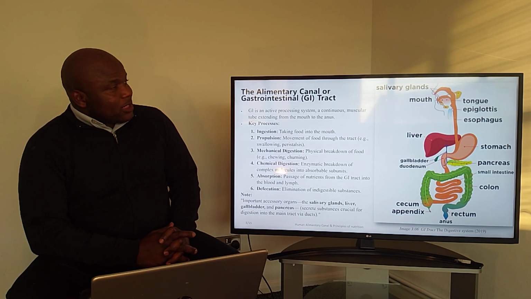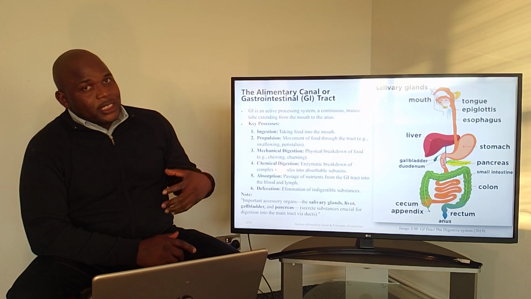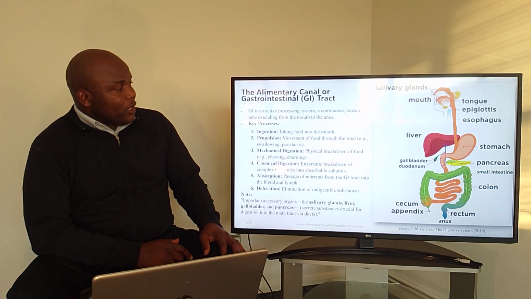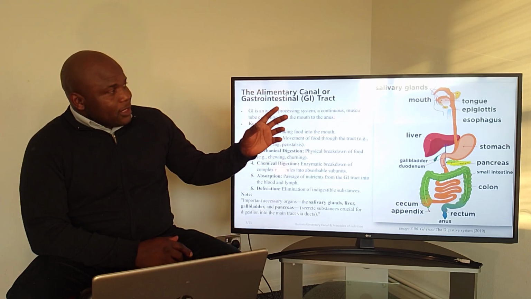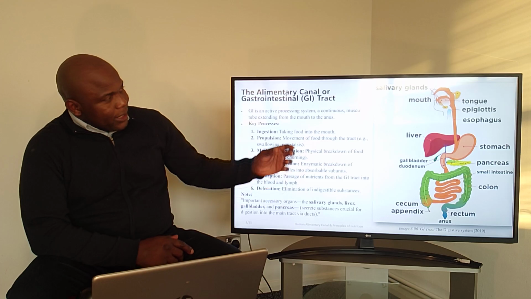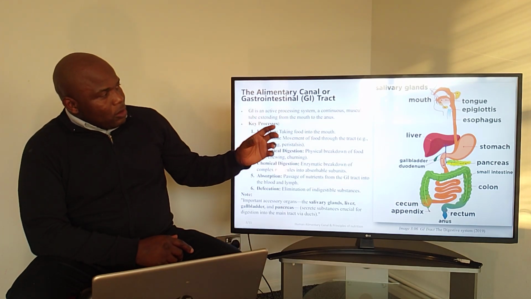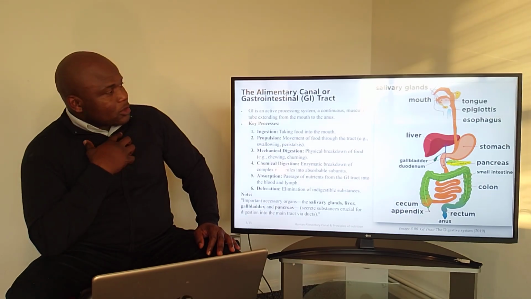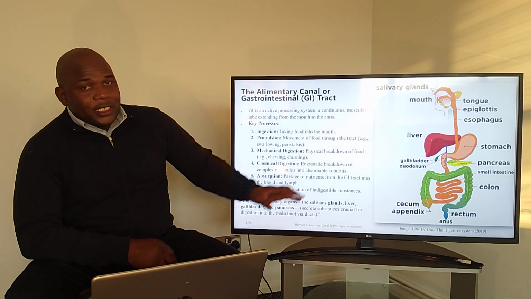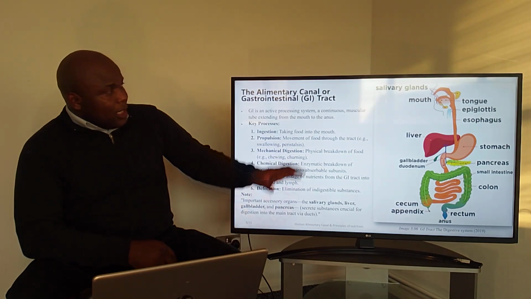The other term for the digestive system is alimentary canal or gastrointestinal tract, GI tract as we refer to it. It is an active processing system of continuous muscular tube that extends from the oral cavity, that is the mouth, passing through the esophagus, the stomach, small intestine, the large intestine, rectum, and to the anus.